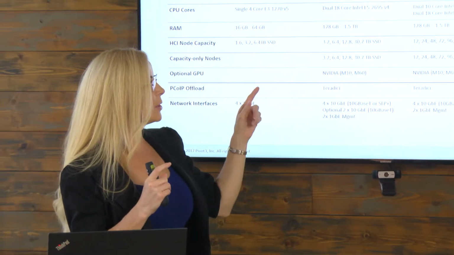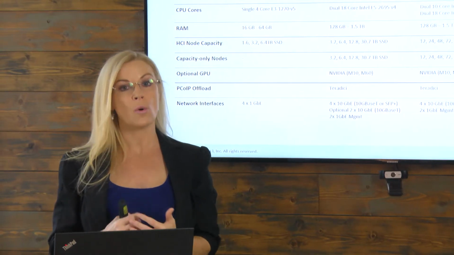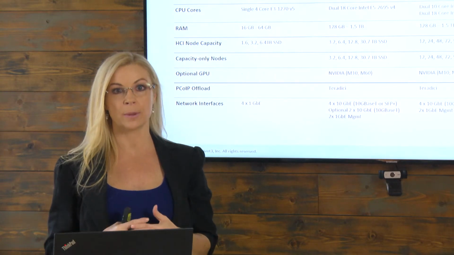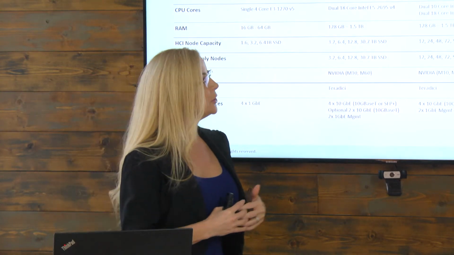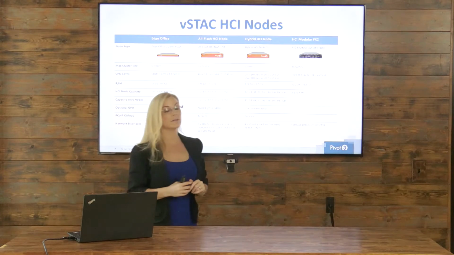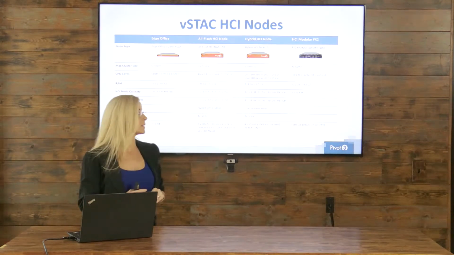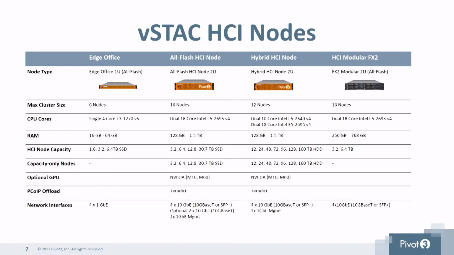And each of those nodes can have 3.2 or 6.4 terabytes of capacity. And you can have up to 768 gigs of memory per node in that system. Now, it doesn't support graphics cards, but it can be mixed and matched with other nodes within the system that might need to have graphics cards.